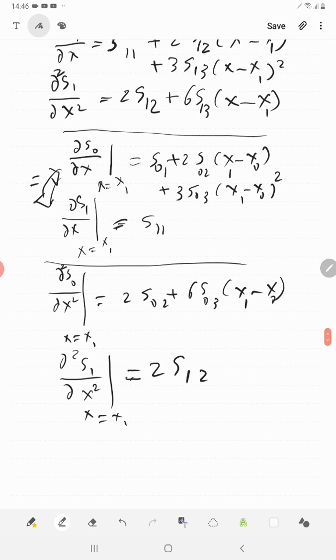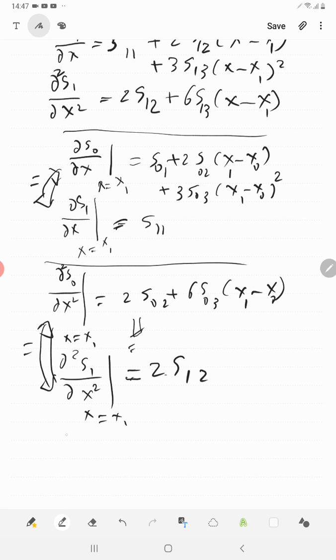We equate these two, so we get another equation. From the first derivative we get one equation, and from the second derivative we get another equation. So we have a total of 6 equations.